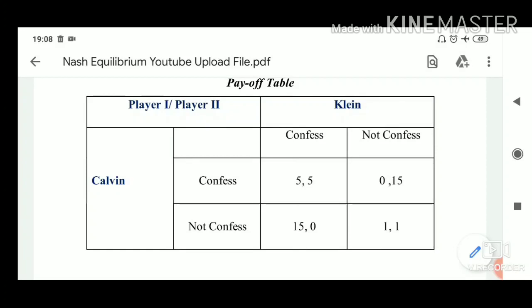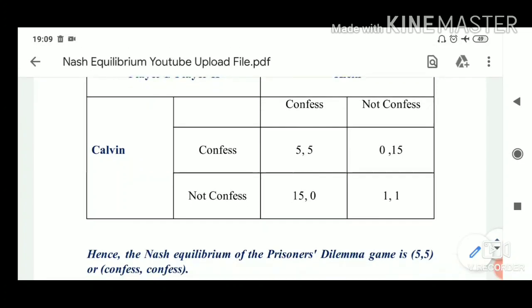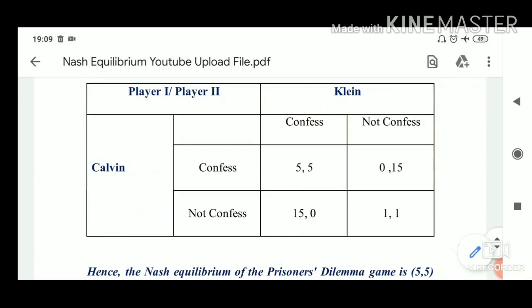In this game particularly, the payoff is determined by the actions of both players. Here we have represented the payoffs in terms of the number of years that they both will be sent to jail. Since these are prison terms, a smaller number is preferred to a bigger number.